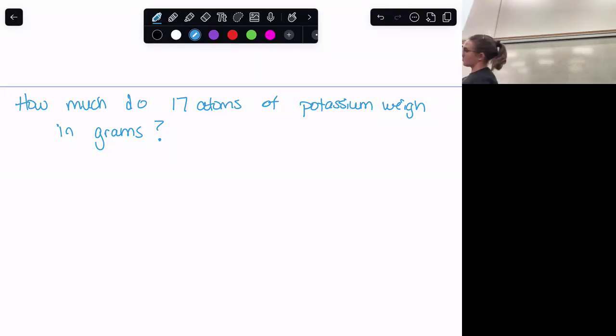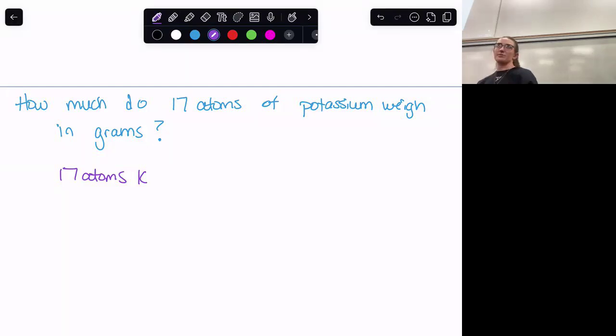Together? Yep. Okay. So where are we starting? We're starting with 17 atoms, right? Is that a lot or a little atoms? That's a little, right? We just said that 1 mole has 6.02 times 10 to the 23 atoms of something, so we have only 17 of these. And potassium is going to be K.